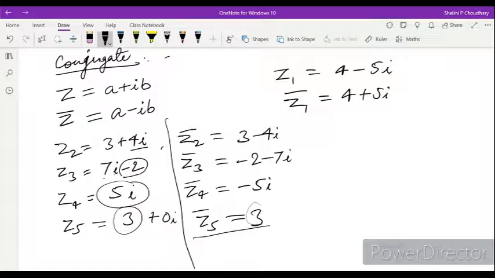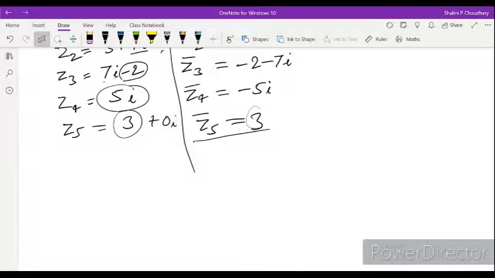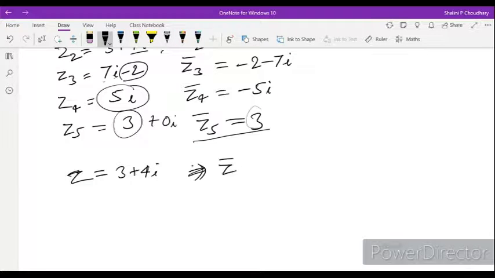Now we'll see some properties of the conjugate. What are the properties of the conjugate? See, if Z is equal to 3 plus 4i that we took, then Z bar will be equal to 3 minus 4i.